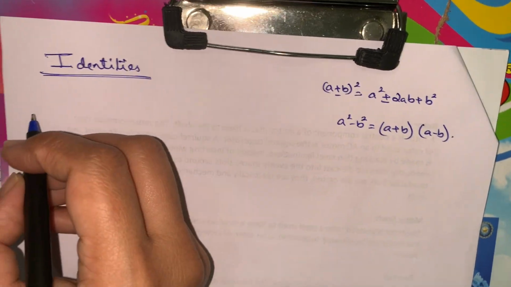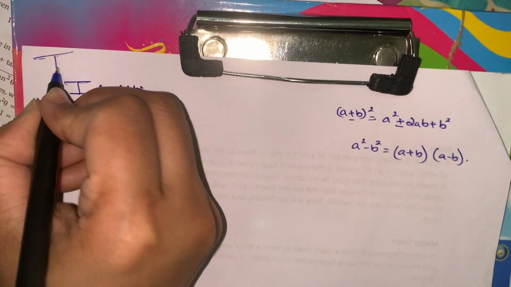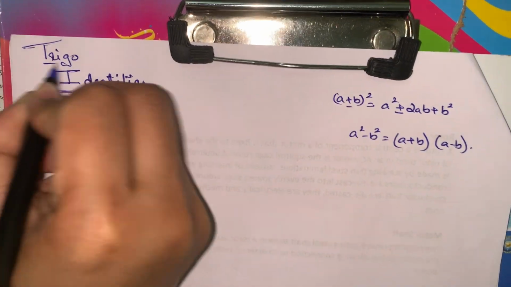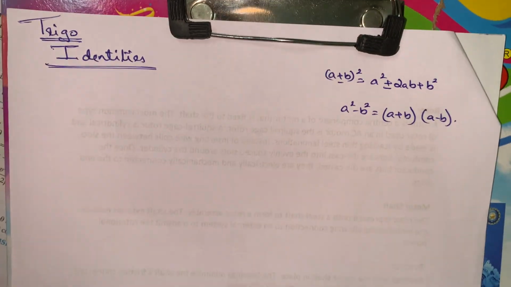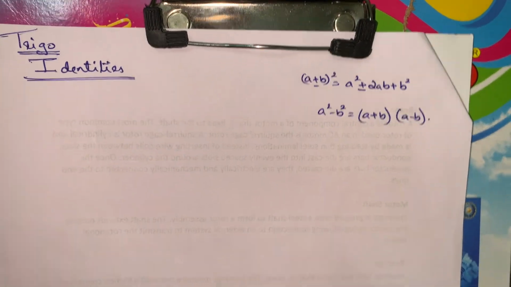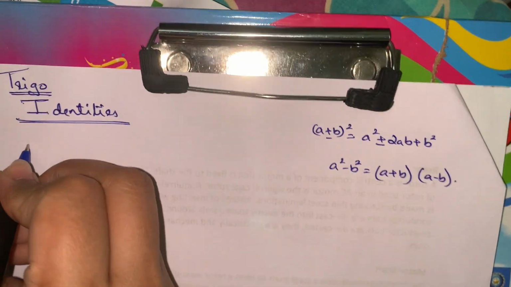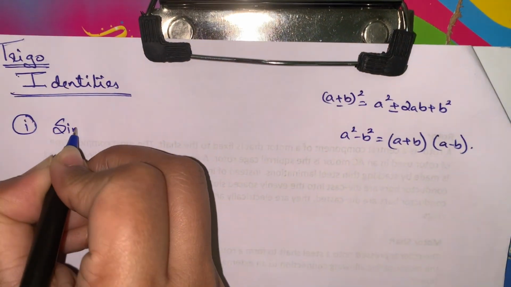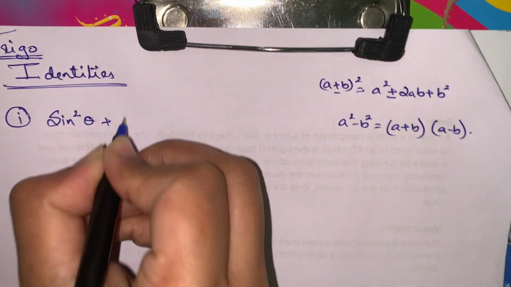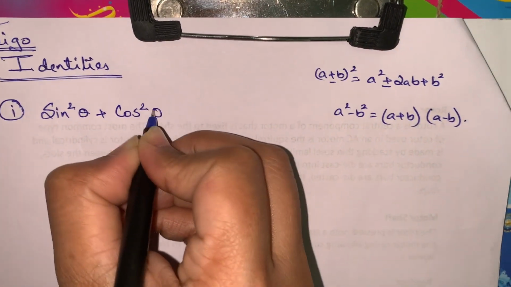These are trigonometric identities, okay? Trigo, as most girls and boys are willing to call it. So trigo identities we are going to talk about. There are three identities. The first identity is sine square theta plus cos square theta is equal to 1.